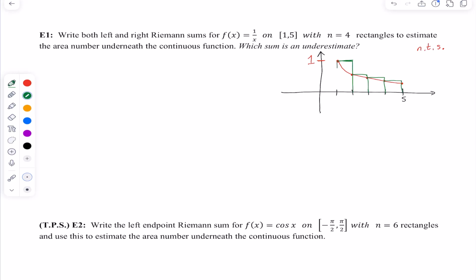Now clearly, if you shade in those rectangles, we actually have an overestimate of the area. Let's go ahead and write the left endpoint Riemann sum. We do need delta x, which is a formula.